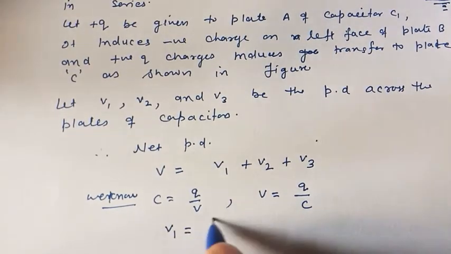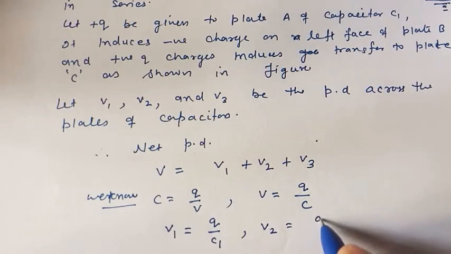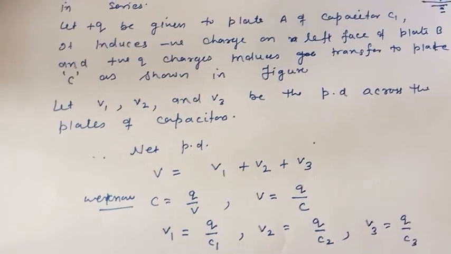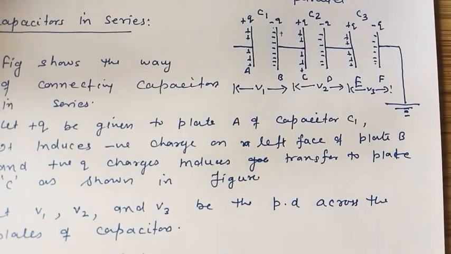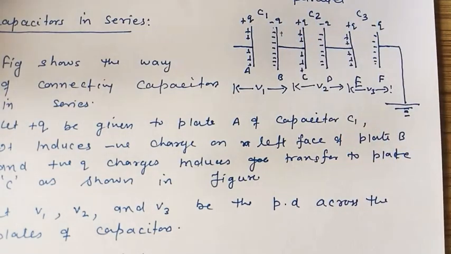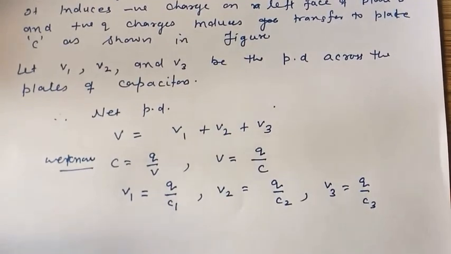V1 is equal to Q upon C1, V2 equals Q upon C2, and V3 equals Q upon C3. Why this? Because the charge on each capacitor is Q. So the charge is the same, but the capacitances are different.